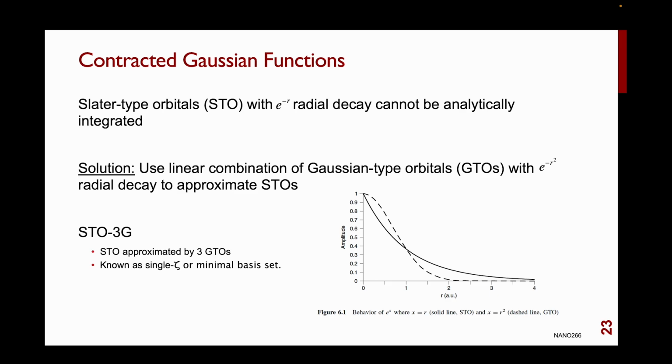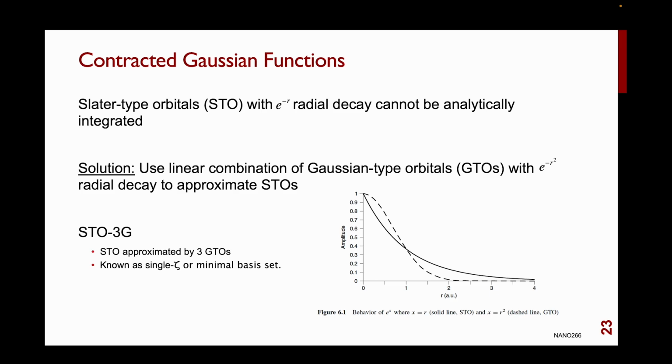If you actually solve your hydrogenic Schrodinger equation, in other words, if you solve for your atomic orbitals, you usually encounter this e to the power negative r term inside your solutions. Now the problem with the e to the power negative r term is that it cannot be analytically integrated.